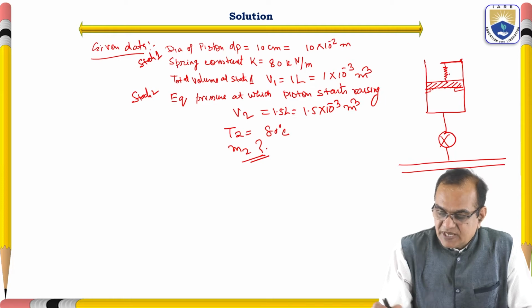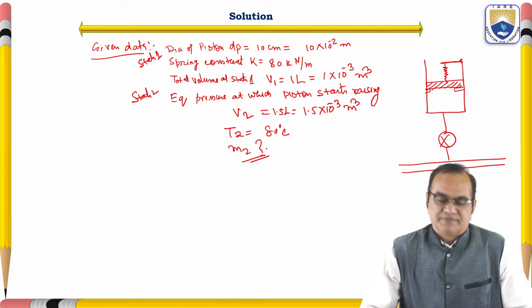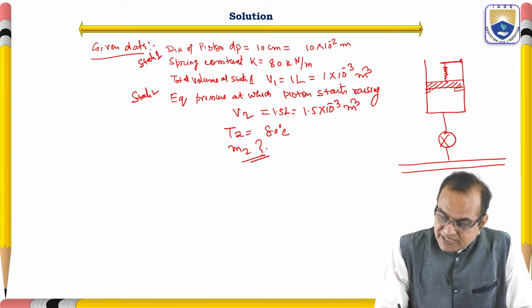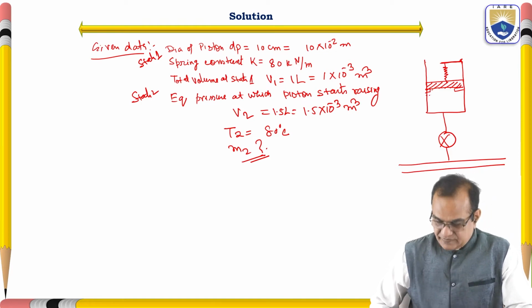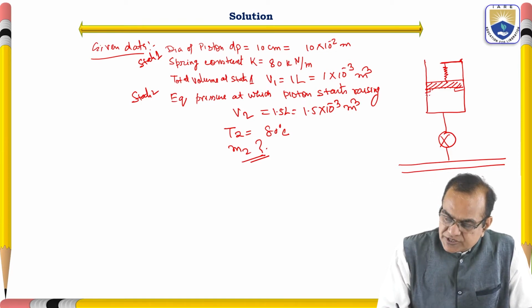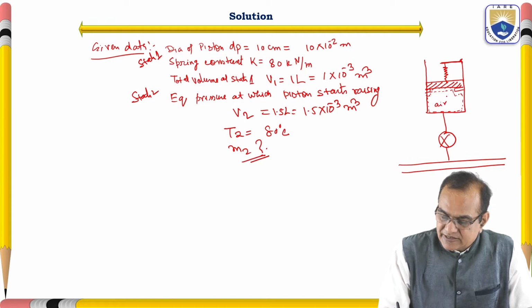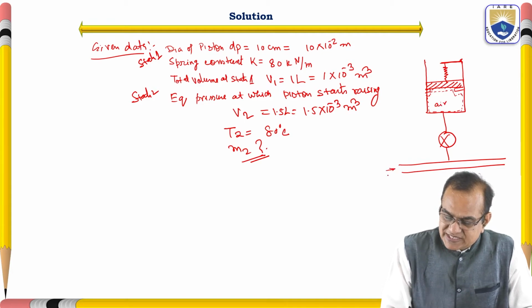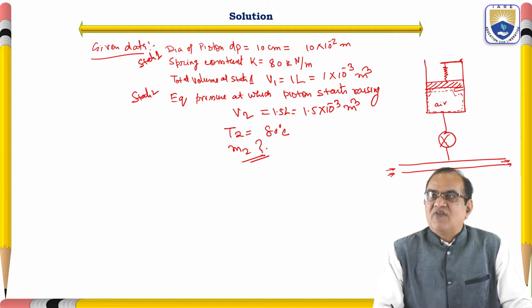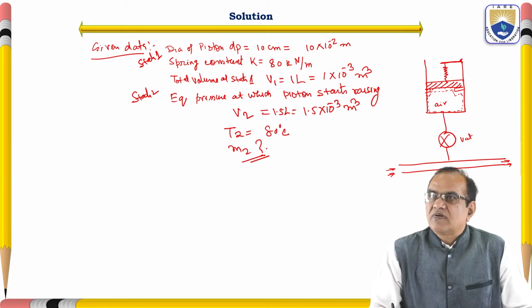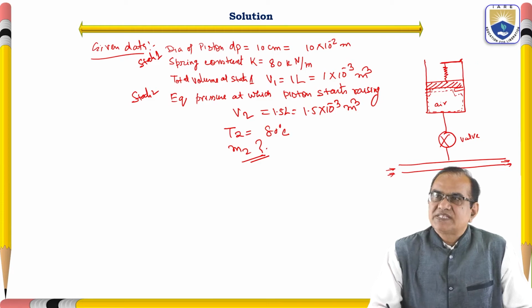This spring is pressing this piston. So here is your system. I am putting a dotted line, and your system is air. Flow of air is coming with some high pressure and entering and leaving. There is a valve. This valve will give some supply of air as and when it is required.